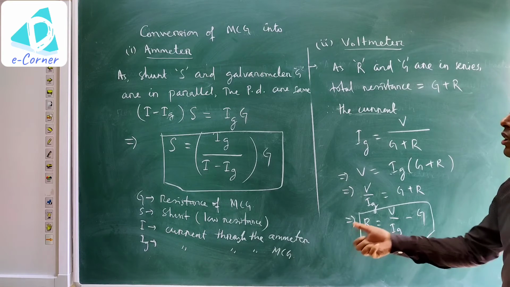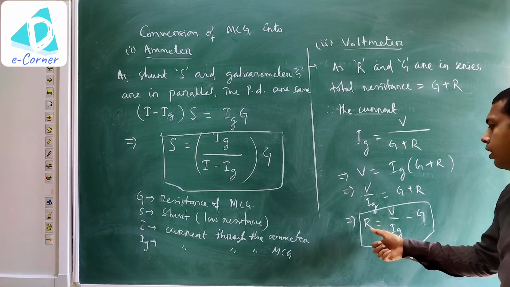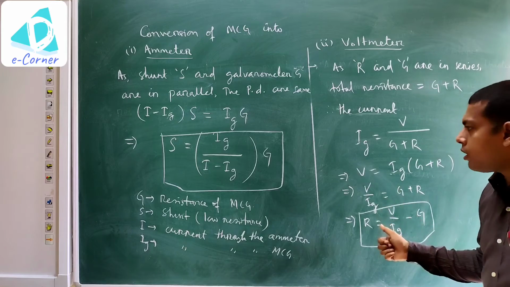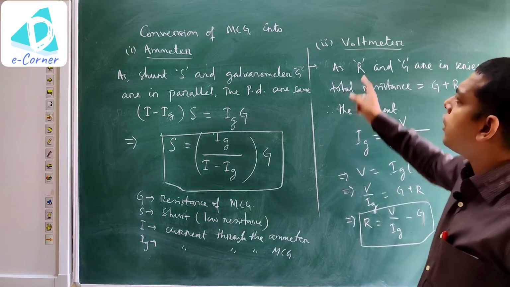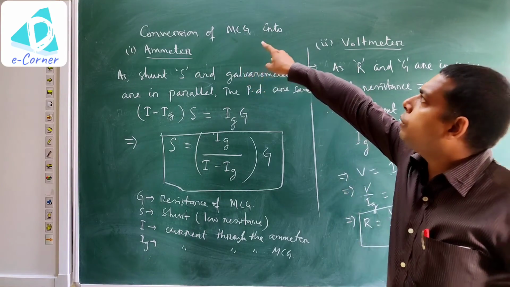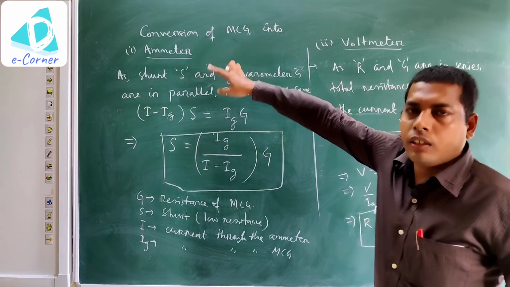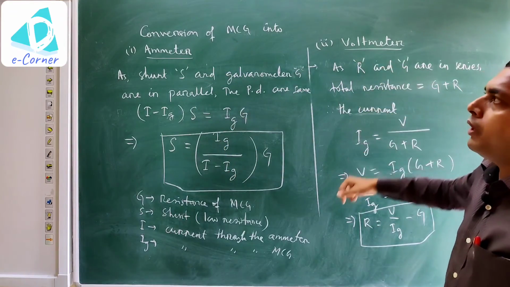So from these two expressions we can calculate the value of resistance by which we can convert a moving coil galvanometer into either an ammeter or a voltmeter.